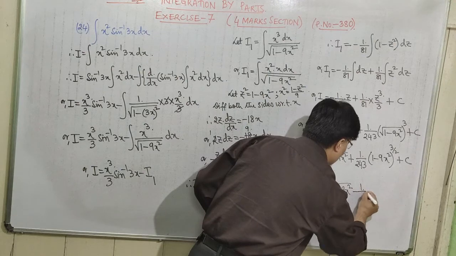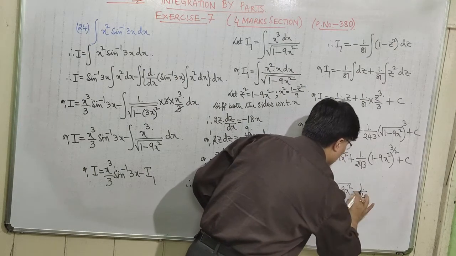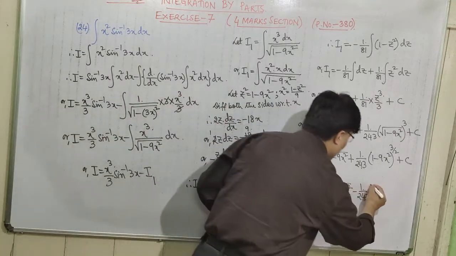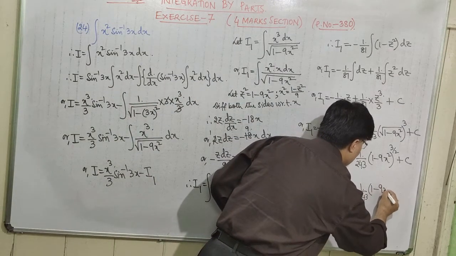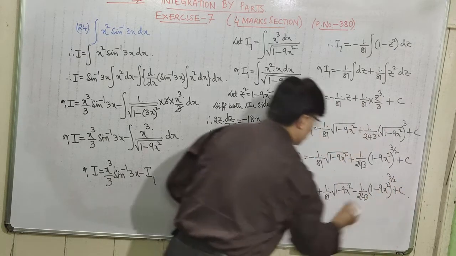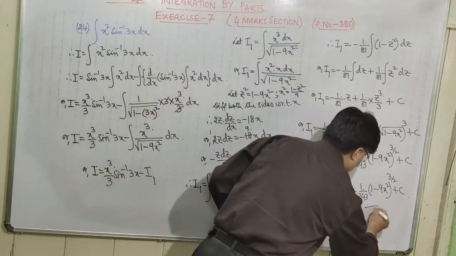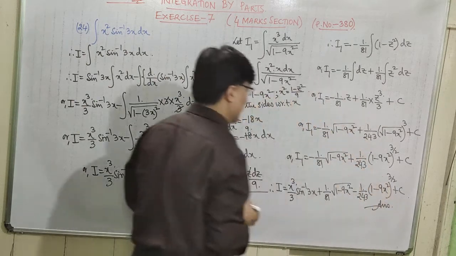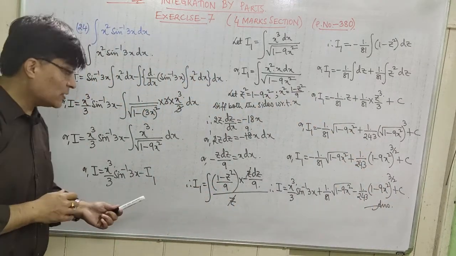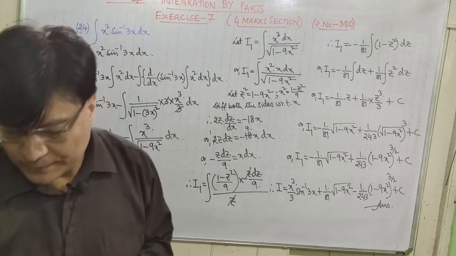It is minus 1 by 243. This is minus 1 by 243. Then what do we write? 1 minus 9x square whole to the power 3 by 2 plus c. So this is the final answer. So I think you have understood it. So you can copy it. Now we'll do the next question.